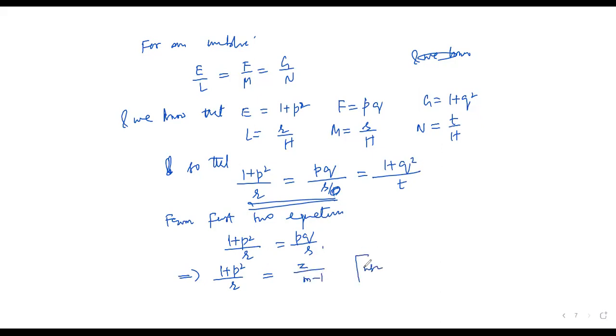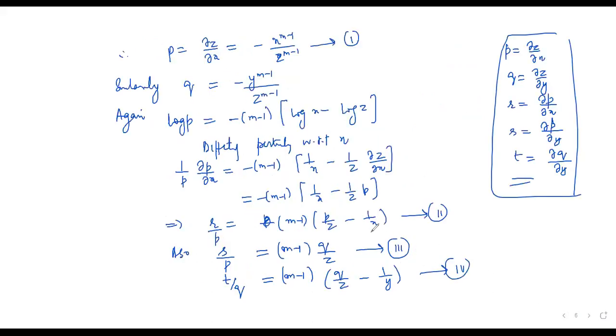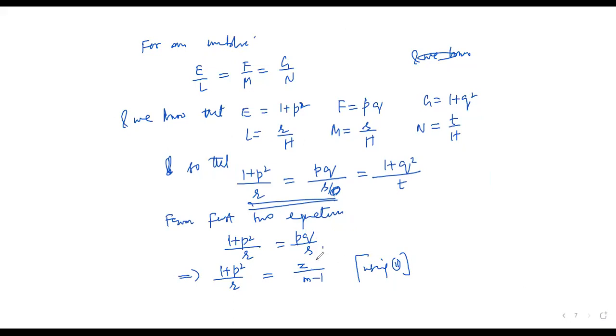Here I am using the second equation that we derived earlier. Substituting it here, you will get pq divided by s is actually z divided by m minus 1, which implies that 1 plus p square is equal to z divided by m minus 1 into r.